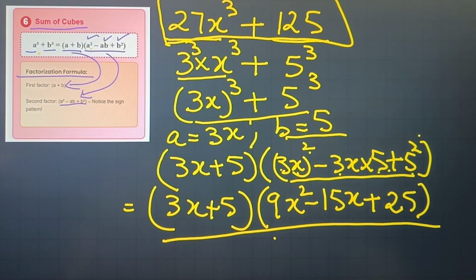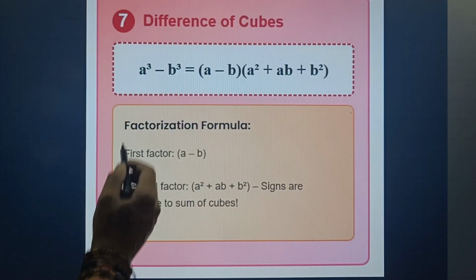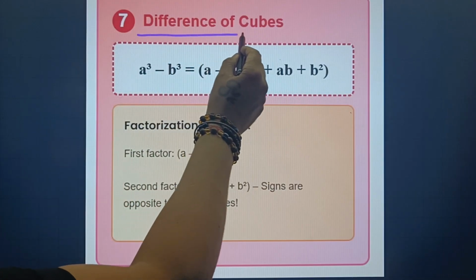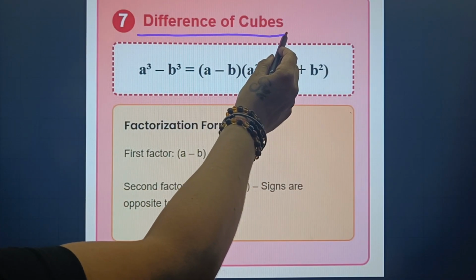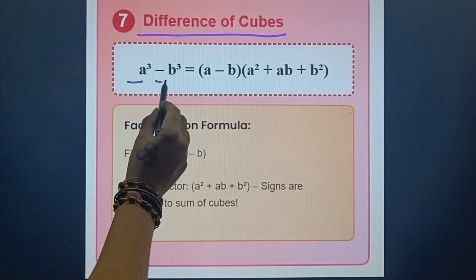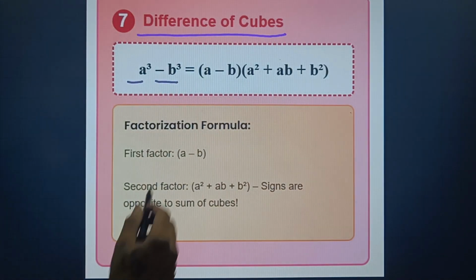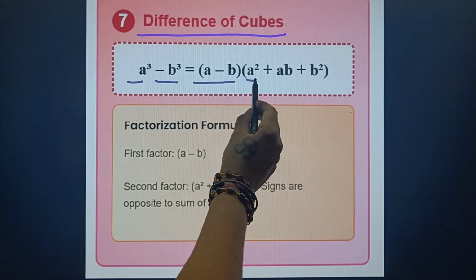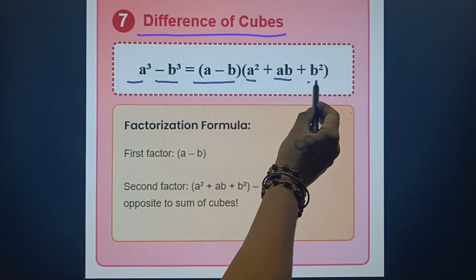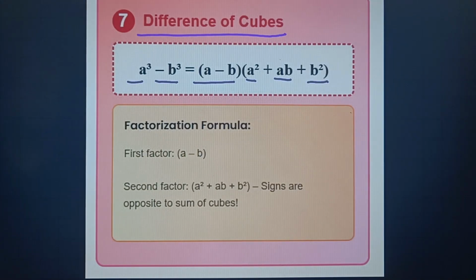Now let's move towards our next identity. So students, here we have our next identity, which is difference of cubes, a cube minus b cube, which is (a minus b) into (a square plus ab plus b square).